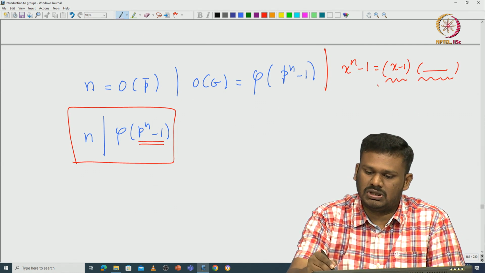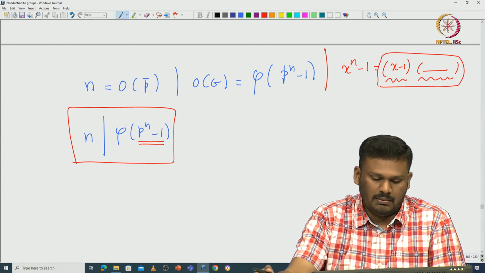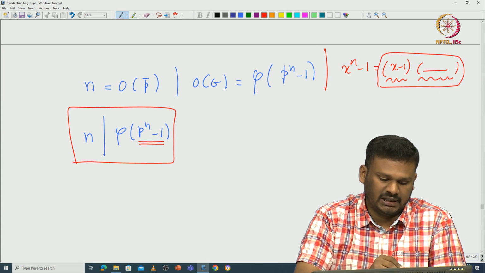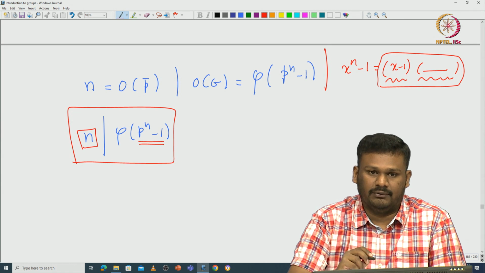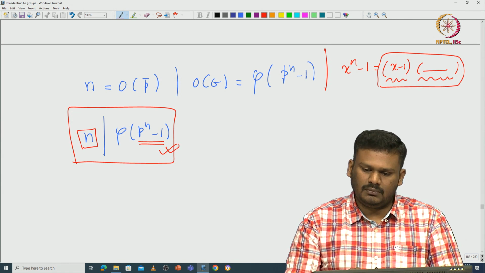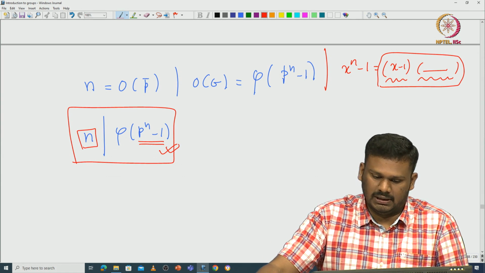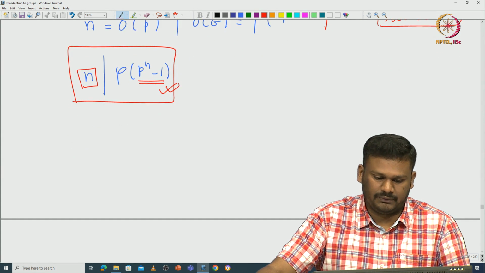So the factorization may not be that easy to do, but still we are able to say that n must divide phi of p power n minus 1, which is a very interesting fact from elementary number theory, which we can prove using our group theory ideas.